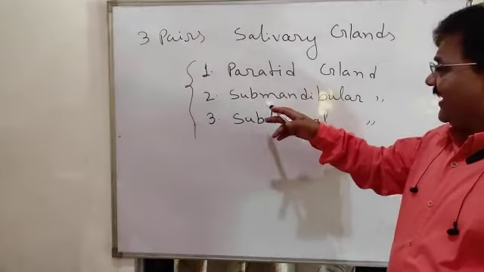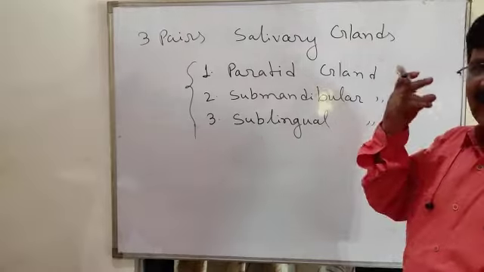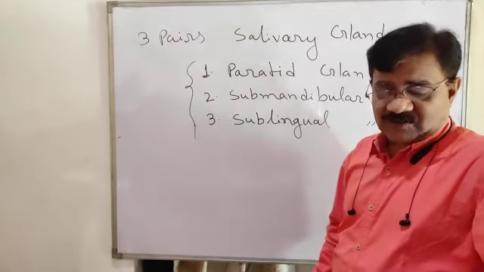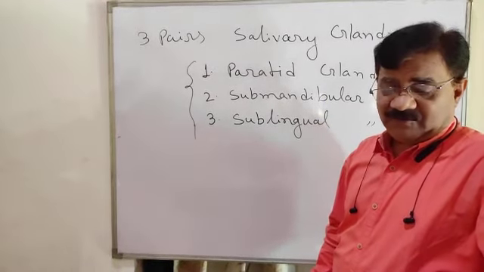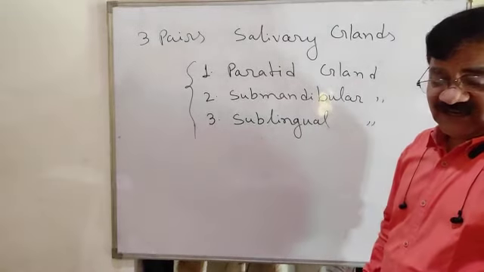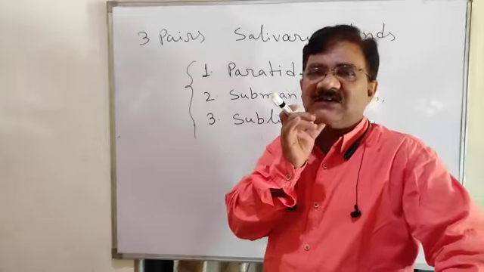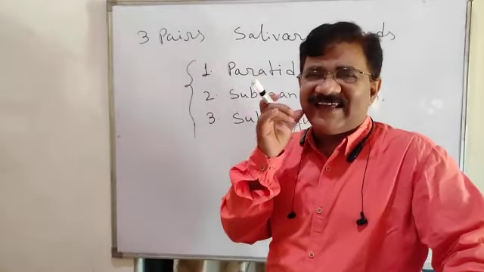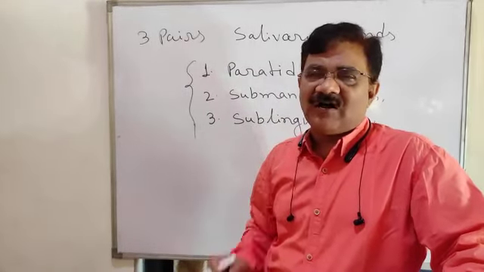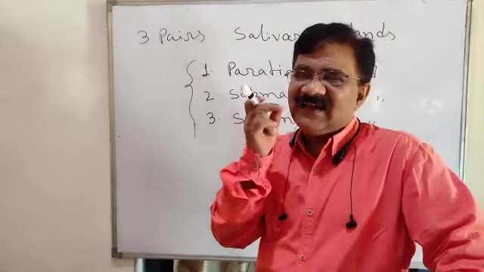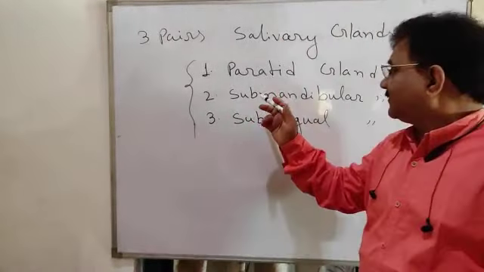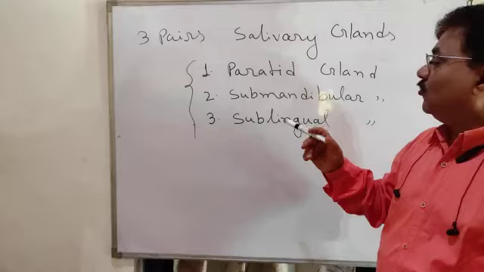Second, the submandibular gland. Naturally they are located in our mouth, and the submandibular gland is close to the inner side of the lower jaw. This is our lower jaw, and close to each side of the lower jaw, this side and this side, the submandibular gland is located.